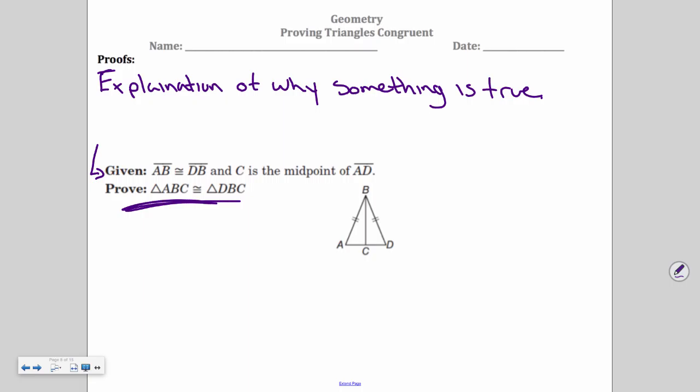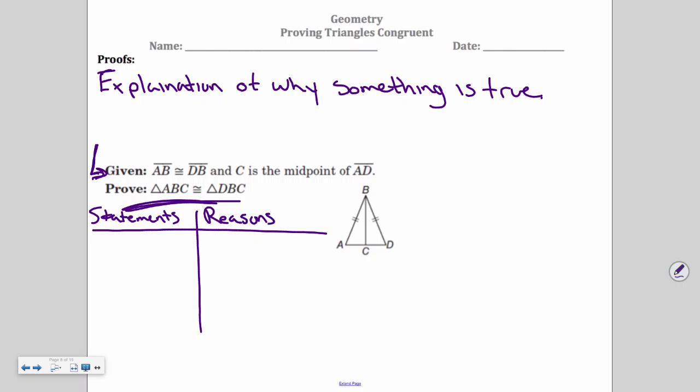This section here is your first piece that you are going to write. In a two-column proof, you would have your statements on one side and your reasons on another.